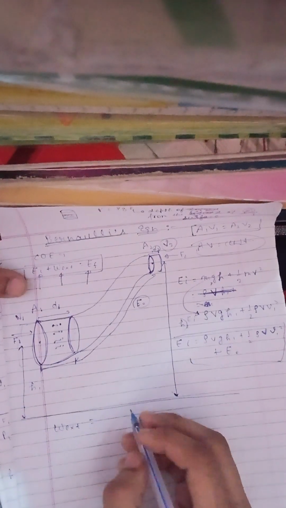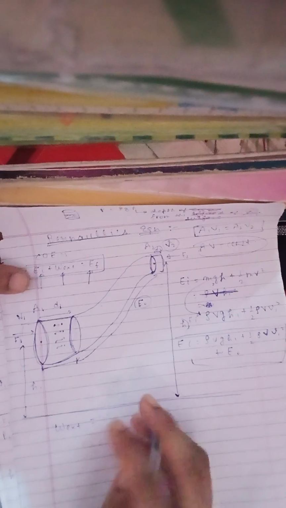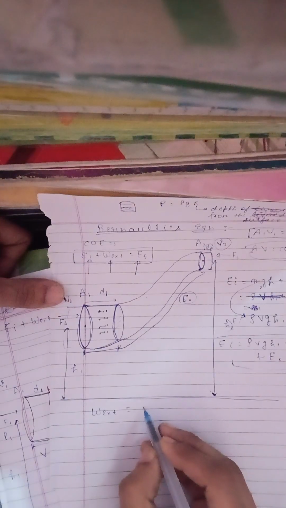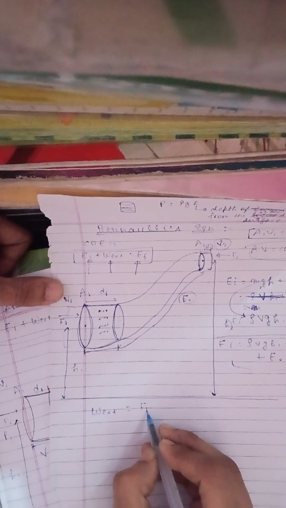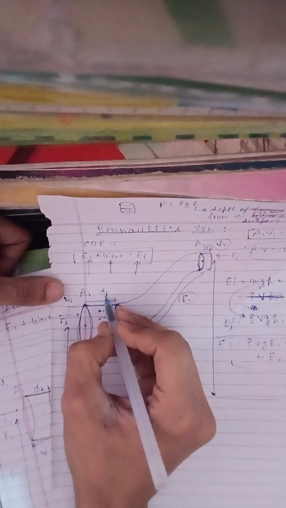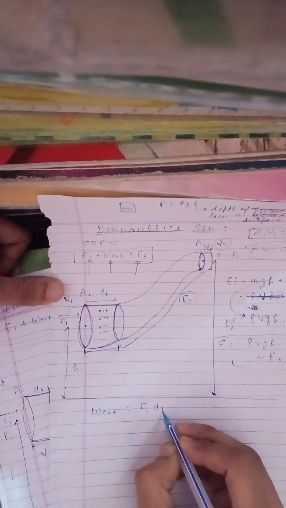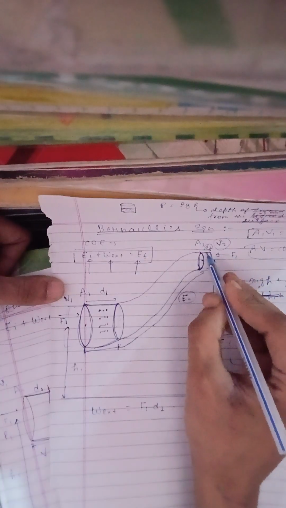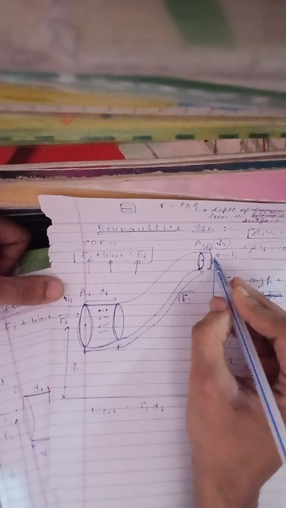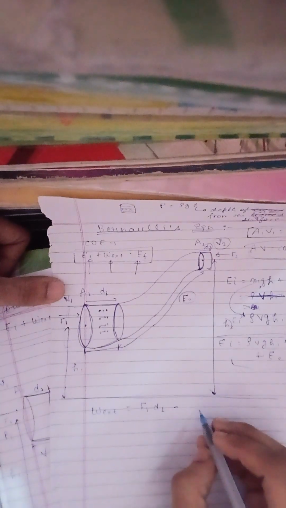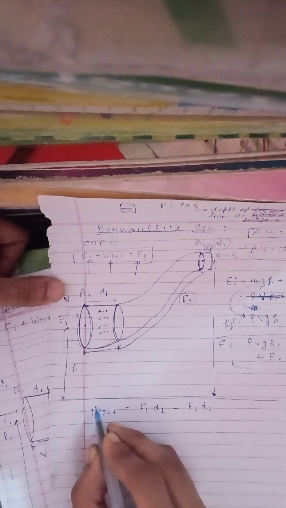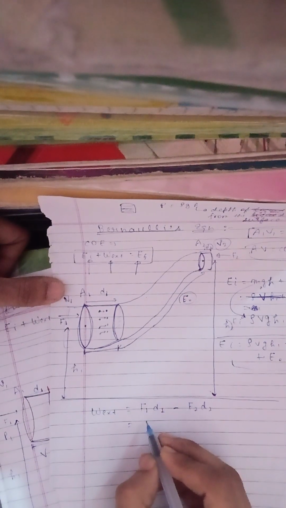So we'll write that. Work done by F1 is F1 into the displacement which we assumed D1. Now since force and displacement are in opposite direction for F2, we'll have a negative sign before that. Then we write F2 D2. And what is force?